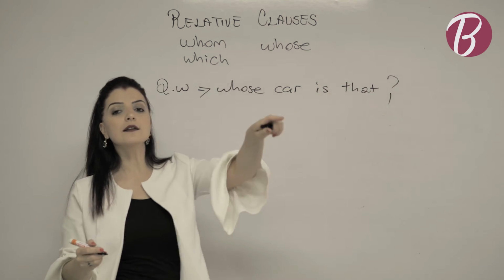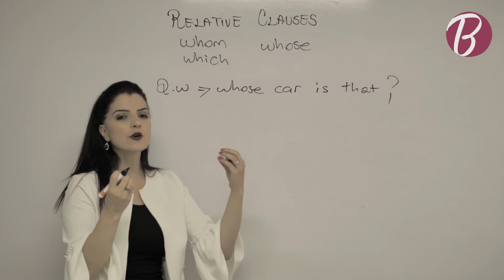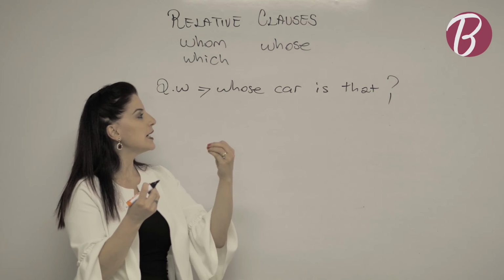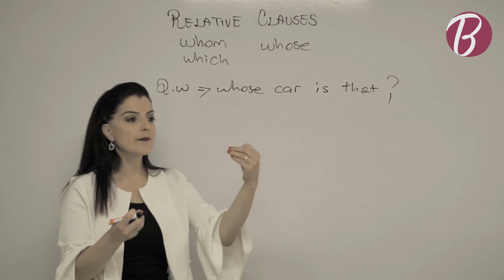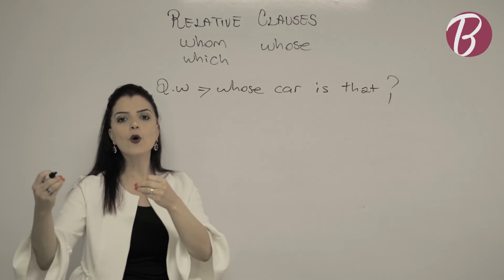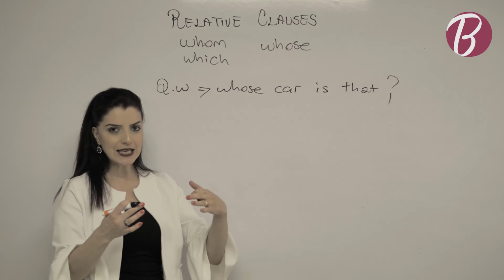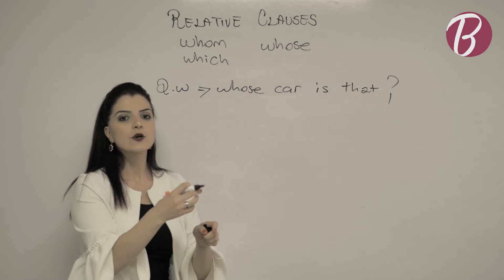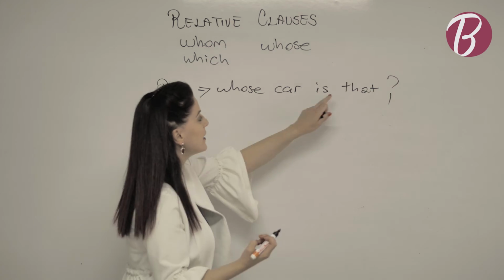So there is a car there and you are asking who it belongs to. So who has the car? So this car belongs to him or her. So whose car? I mean, I want to learn the owner. Who has got it? So whose car is that?